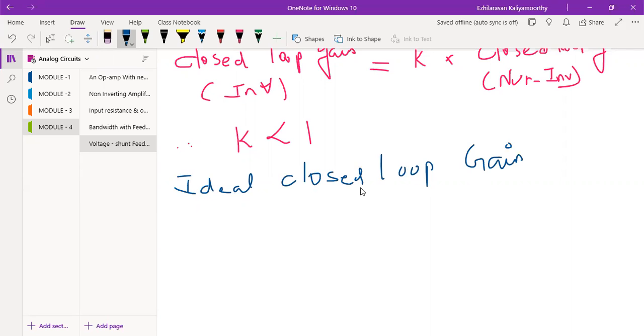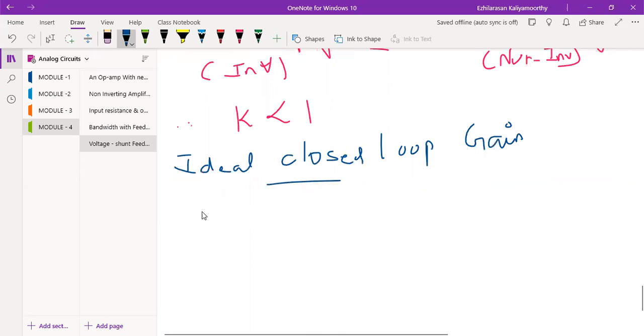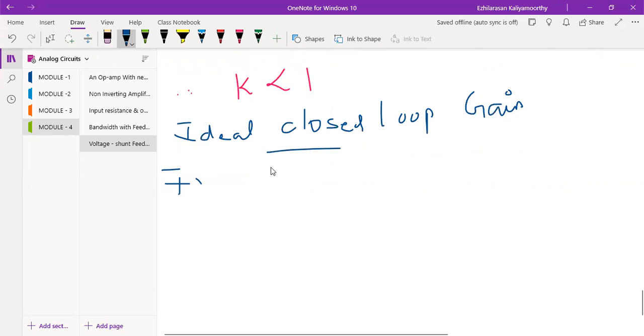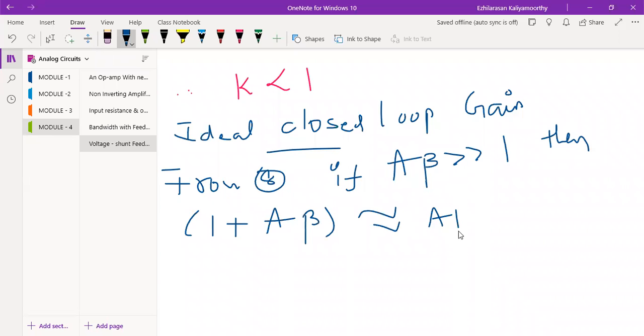From the previous expression, from equation number 8, if A beta is very, very much greater than 1, then 1 plus A beta will be approximately A into beta in the denominator.